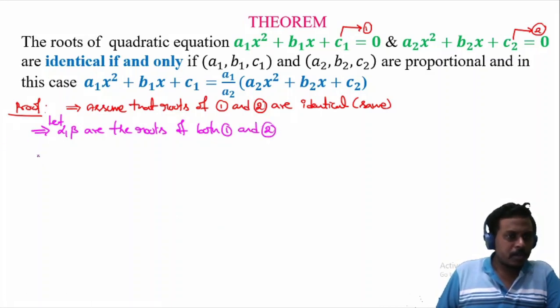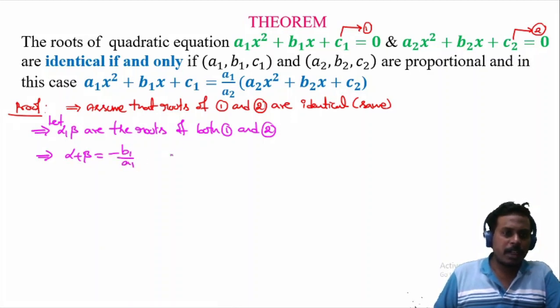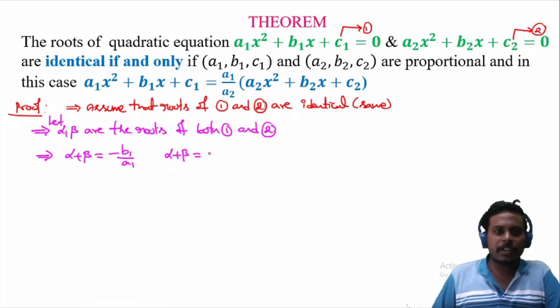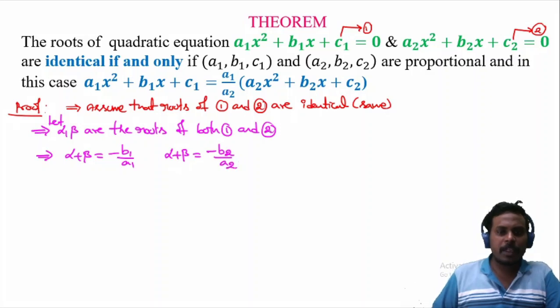Okay, so if alpha comma beta are the roots of equation 1, then alpha plus beta is minus b1 by a1. If alpha comma beta are the roots of equation 2, then I'll get minus b2 by a2.